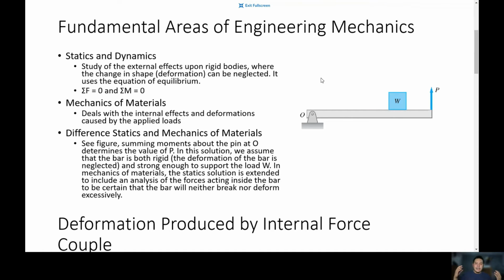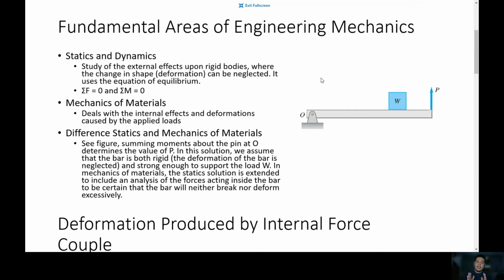But in mechanics of materials, or fundamentals of deformable bodies, we are already analyzing the deformation, the elongation. It might be shrinking if we apply compressive forces.